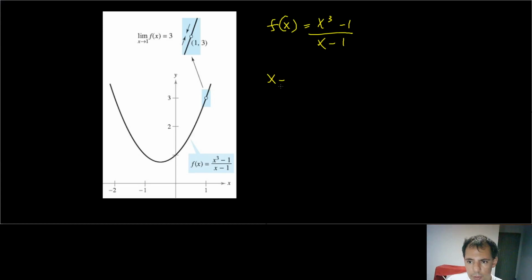So how do you do this thing? Well, you see here, you have x cubed. Now, you can actually make this division. It's called a long division of polynomials. So you can write plus 0x squared, plus 0x minus 1, divided by x minus 1.